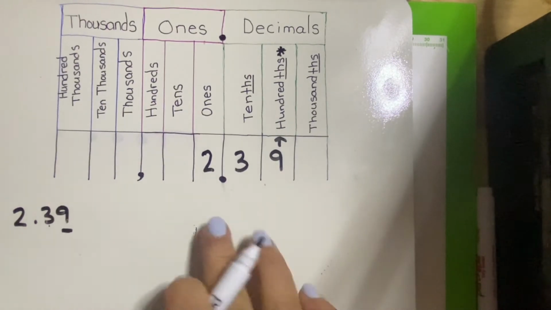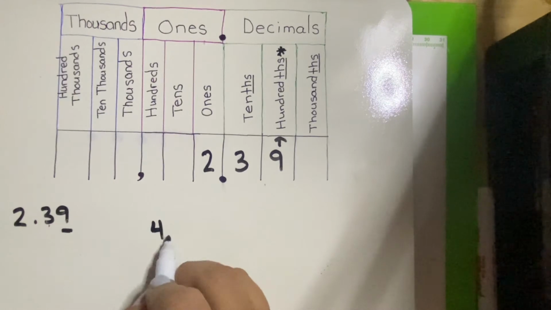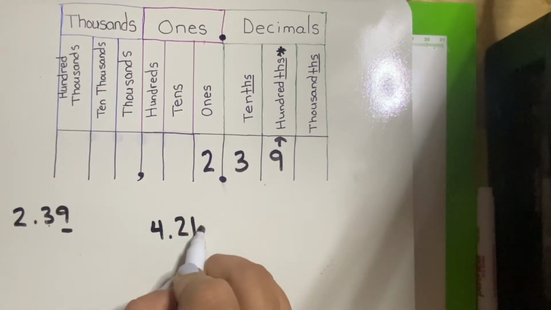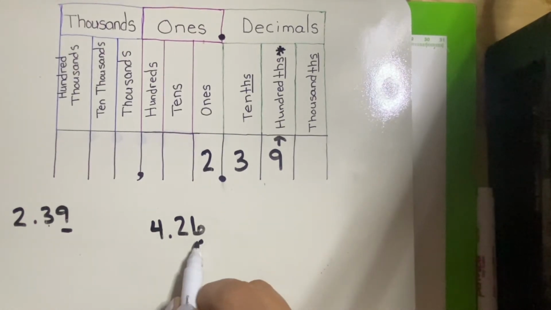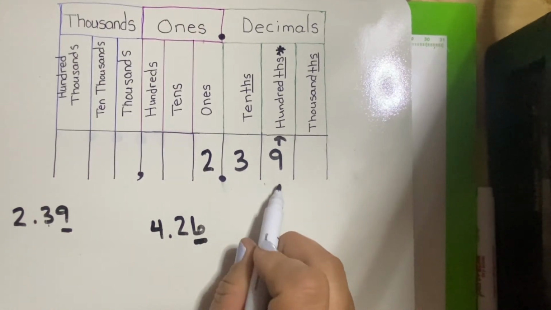If I wanted to look at the number 4 and 26 hundredths, it's hundredths because the 6 is in the hundredths spot.